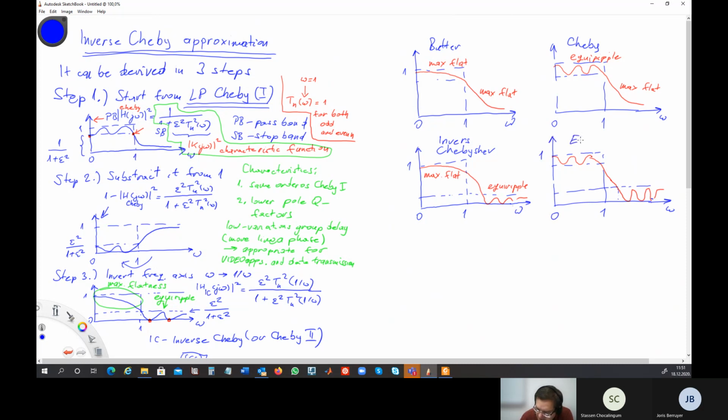This is elliptic, or CC, which means Cauer-Chebyshev. Okay, and then we have equiripple here, equiripple here. We have here passband, passband, passband.